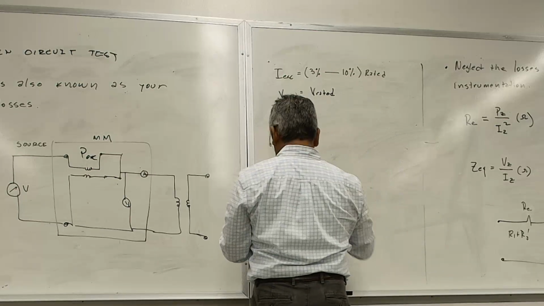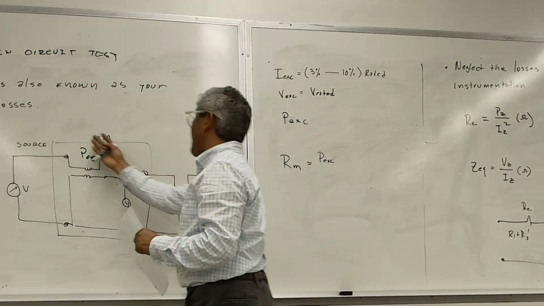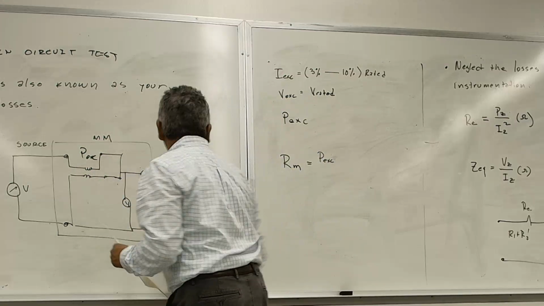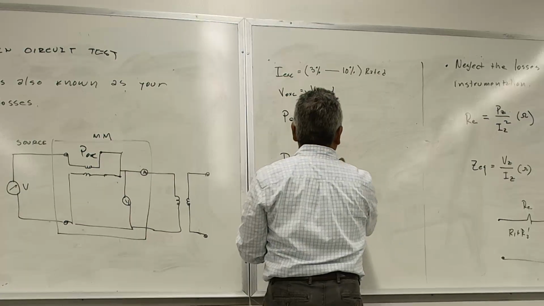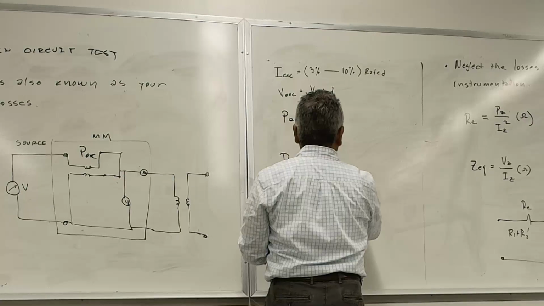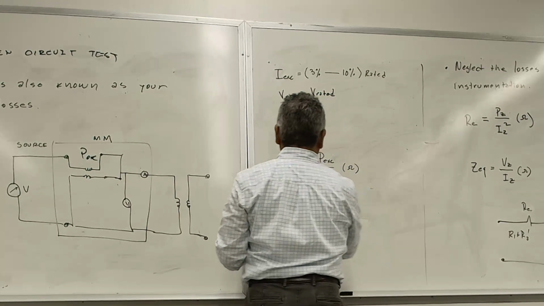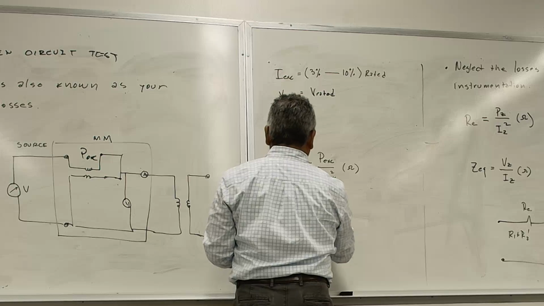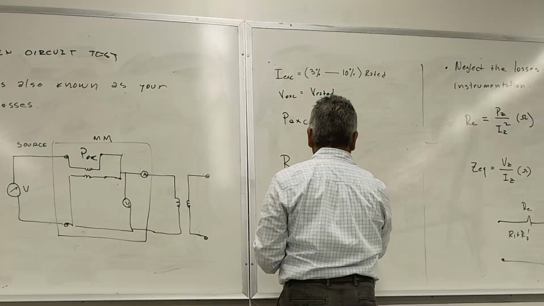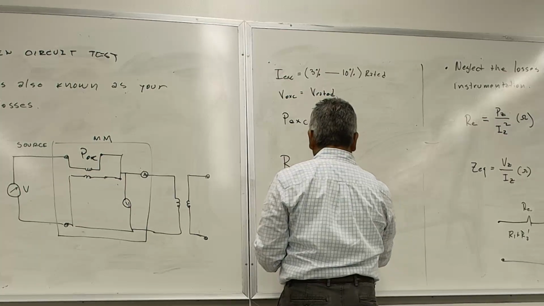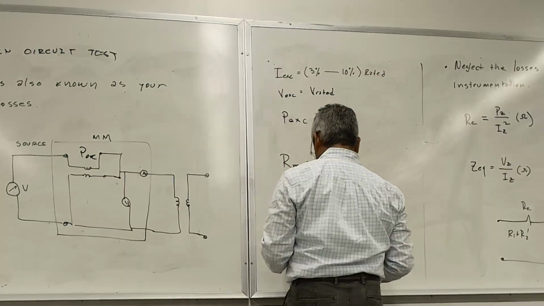So Rm is equal to P excitation, or the power in watts that we measured here, divided by the I excitation squared, and this is in ohms. And then Zm, which is the magnetizing branch impedance, which is VEXC divided by IEXC, and this is also in ohms.